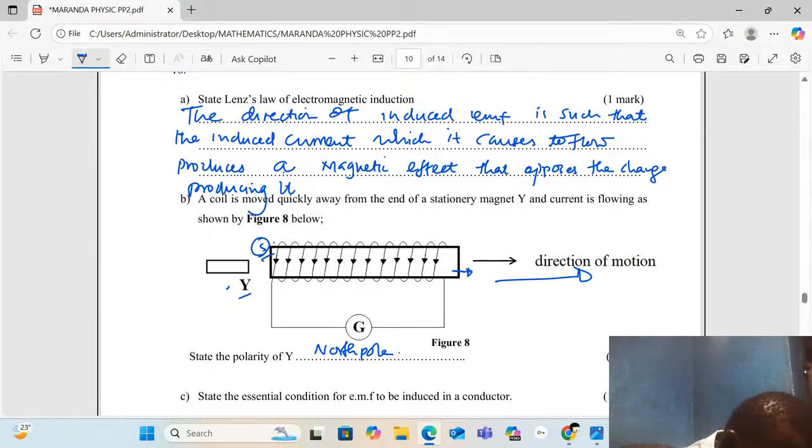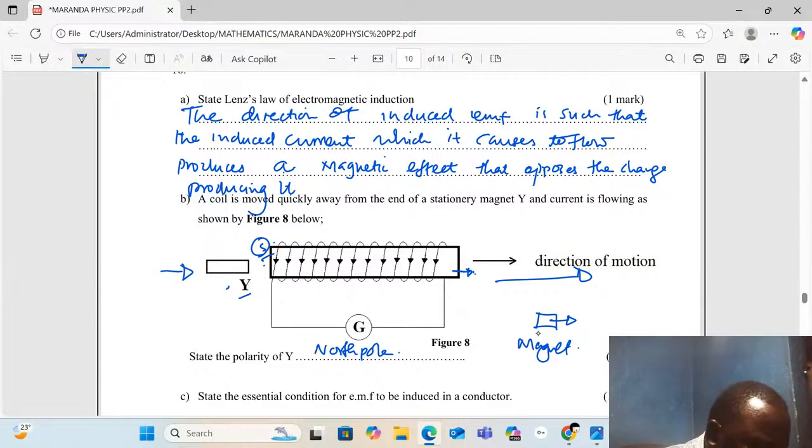But suppose it is the magnet that is moving like this, and the coil is designed the way you can see on the screen, then we expect naturally to have this end a north pole and this one a south pole.